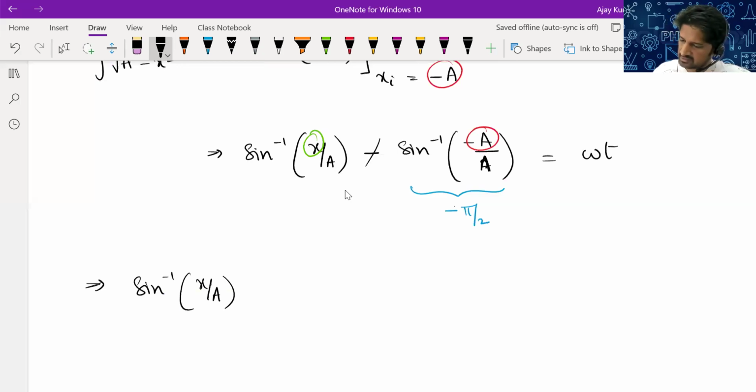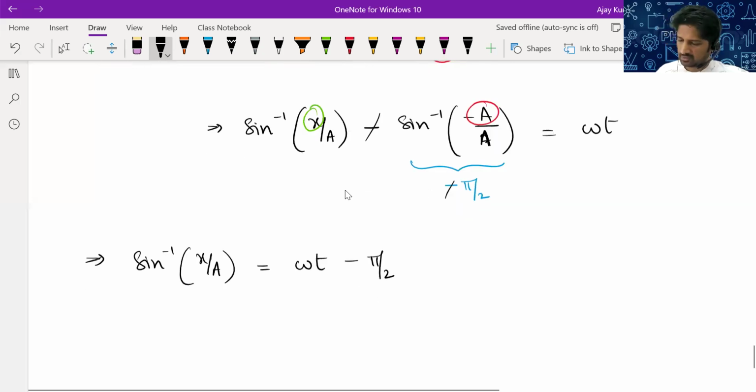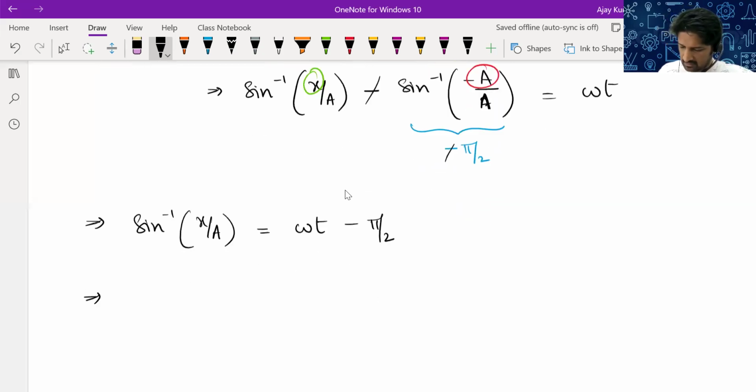This minus minus cancels, it becomes a plus pi by 2, but when it goes to the other side, it becomes minus pi by 2 again, is equal to omega t minus pi by 2. Now send the sine to that side. You get x by a is equal to sine of omega t minus pi by 2.